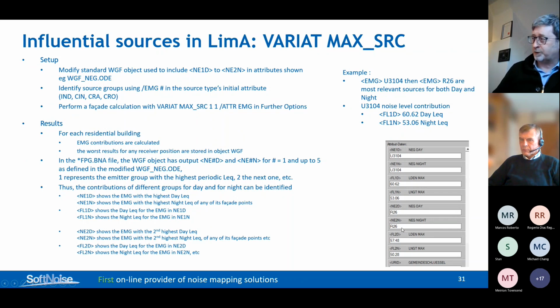You can also see the contribution. So the FR1D relates to the NE1D here. So the U3104 group produces this amount of noise during the daytime, whereas the emitter group 2 produces 57.48. So you can see 60.62 and then 57.48 as the contributions from the 2 main emitter groups during the daytime.